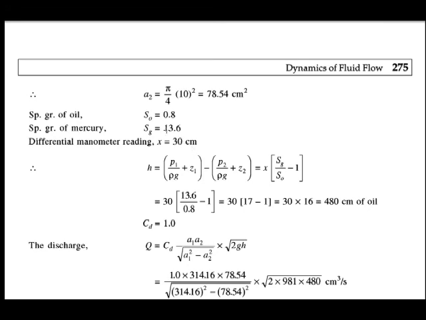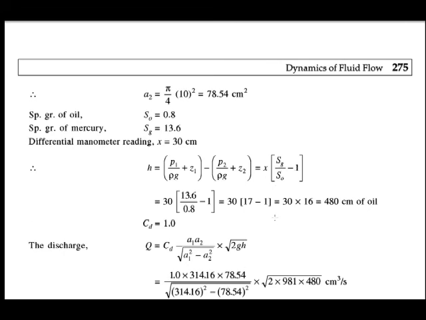Here the manometer contains the liquid which is heavier than the oil flowing through the pipe. So here the formula for the H is P1 upon rho G plus Z1 minus P2 upon rho G plus Z2, which is equal to x into (Sg upon S0 minus 1).